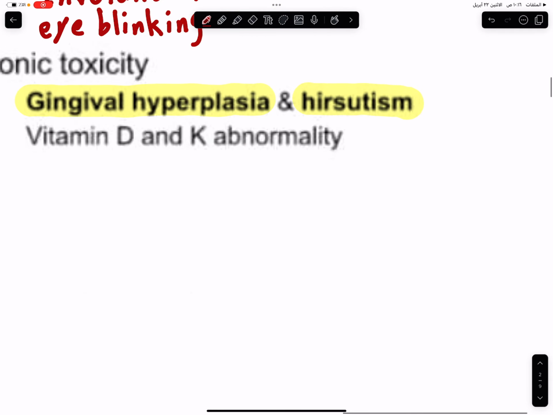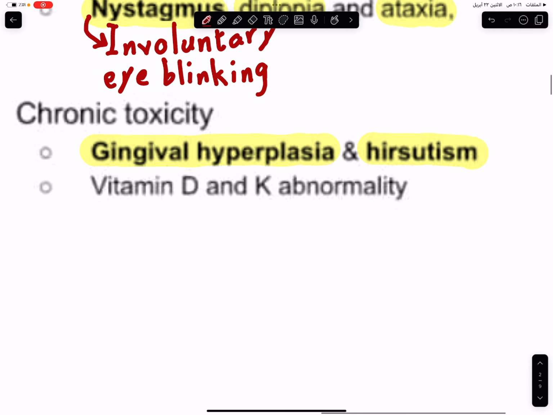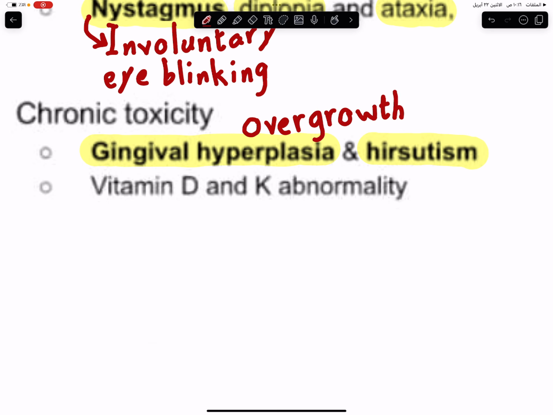Another one is called hirsutism. Again, because it is mostly the female's problem, there will be excessive overgrowth of hair, especially on the face. And overgrowth of facial hair for females is cosmetically not good.